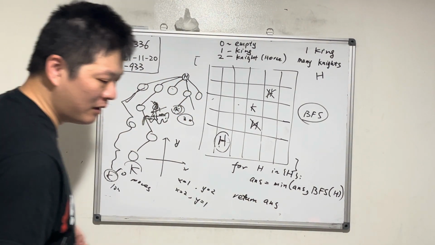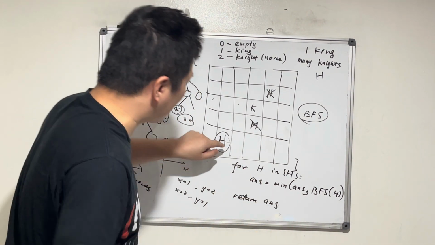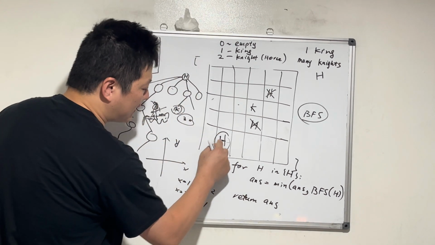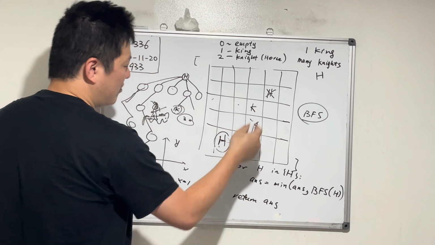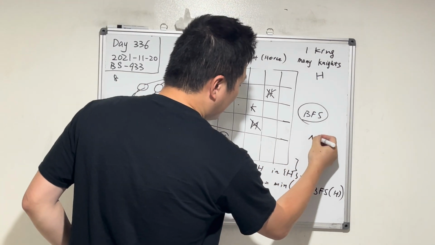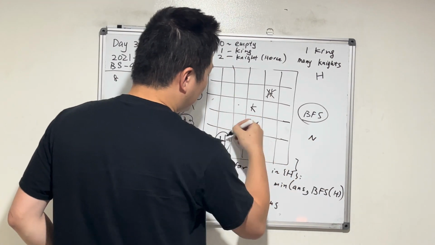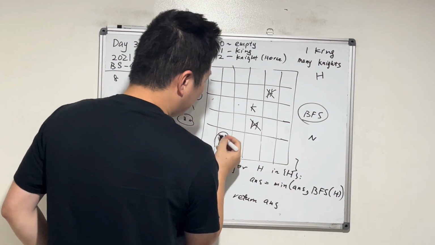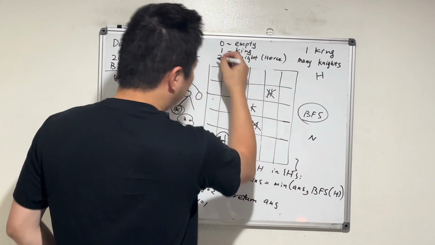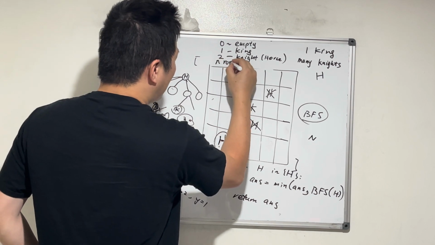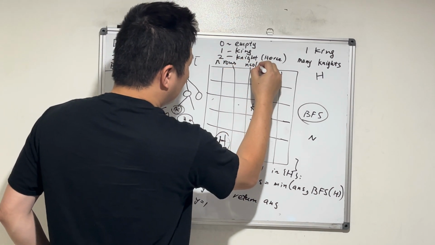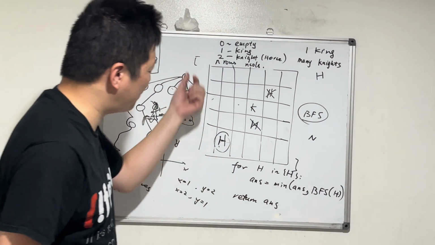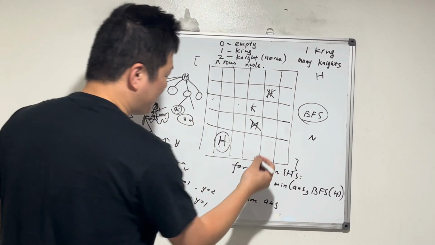Why is that? Let's take the complexity, for example. What's the complexity to travel from source to the king? If there are n rows and columns, ideally we can visualize this as a graph.